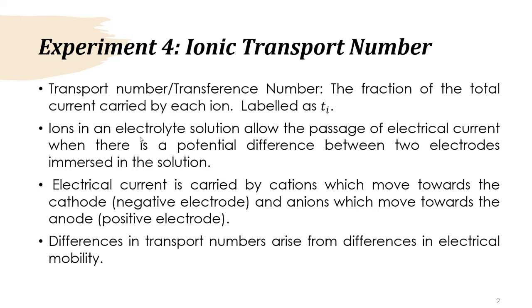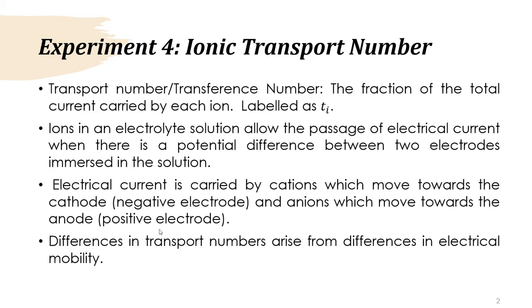Ions in an electrolyte solution allow the passage of electrical current when there is a potential difference between two electrodes immersed in the solution. This electrical current is carried by cations, which will move towards the negative electrode or the cathode, and the anions will move towards the anode, which is the positive electrode.